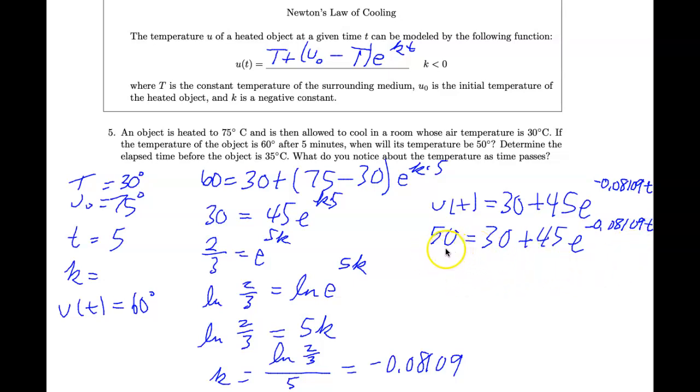We'll start off by subtracting 30 from both sides and then dividing by 45. 50 minus 30 is 20. 20 over 45, dividing both by 5, gives us 4/9 equals e to the negative 0.08109t.